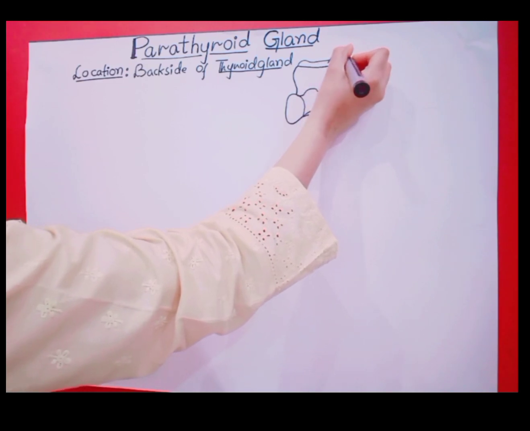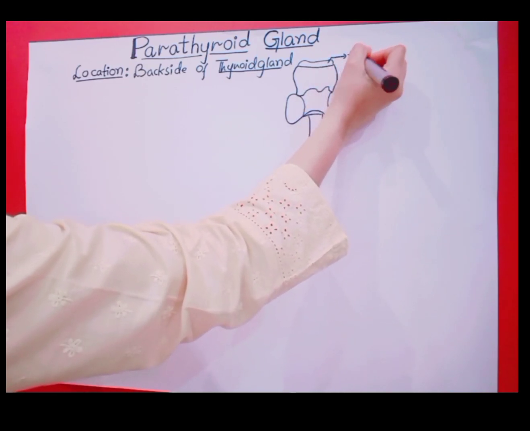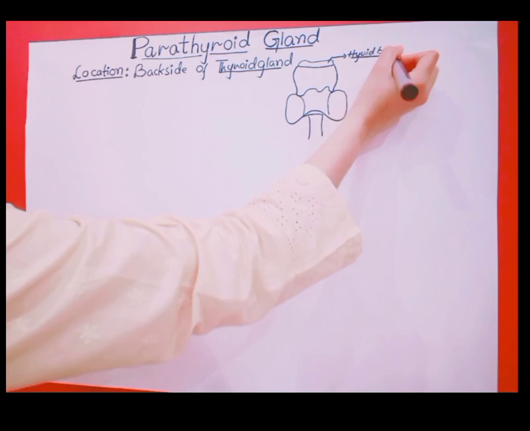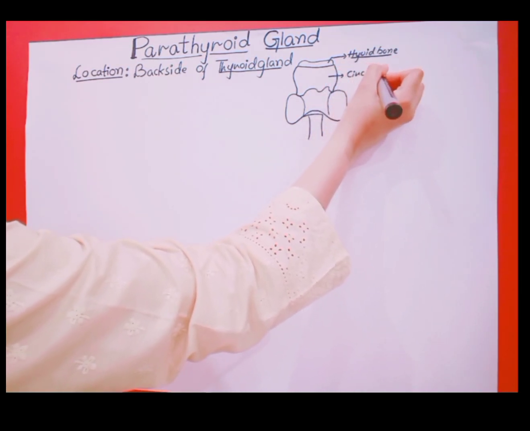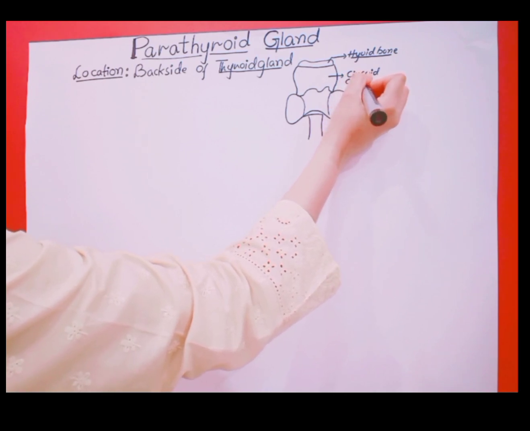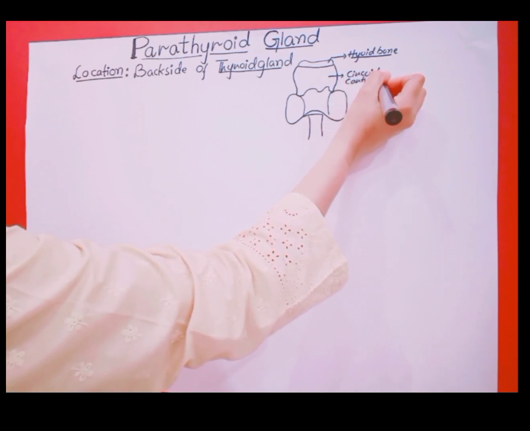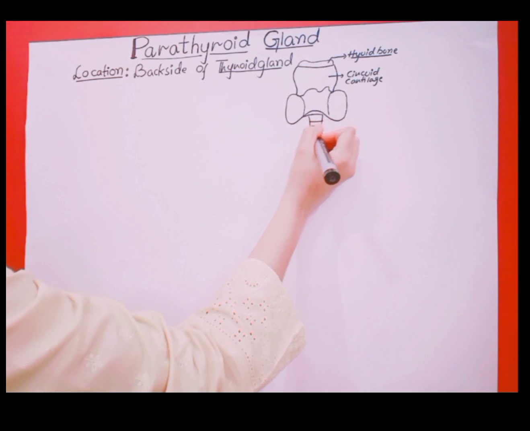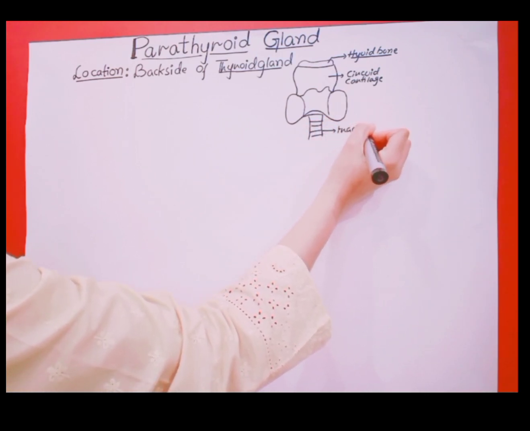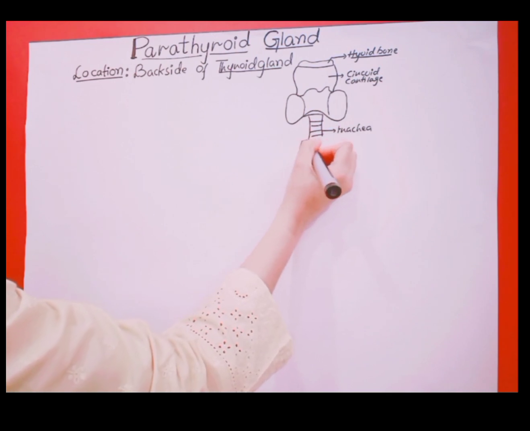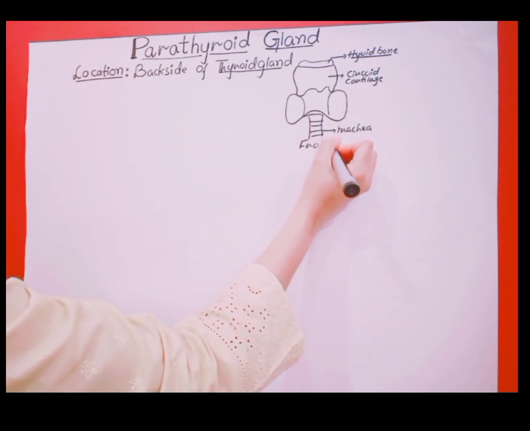This is the hyoid bone, cricoid cartilage, and this is the trachea. So this one is the front side of our windpipe or trachea.